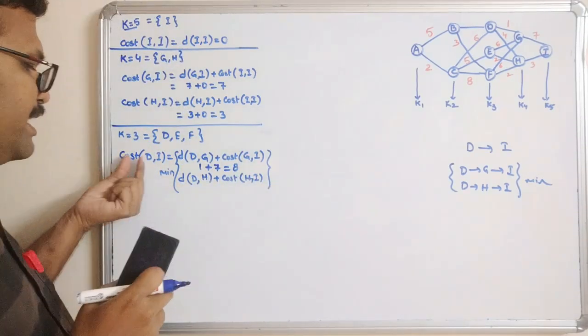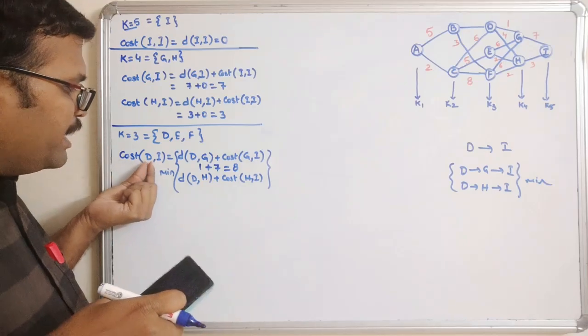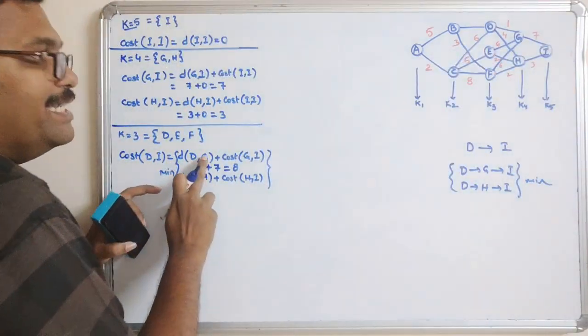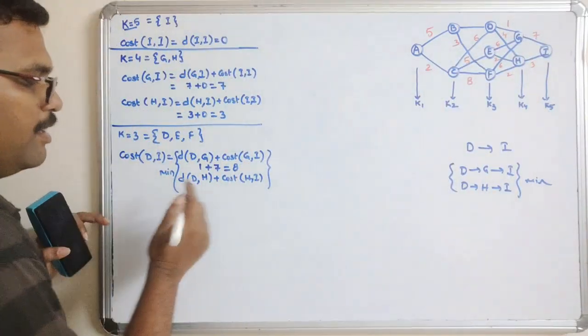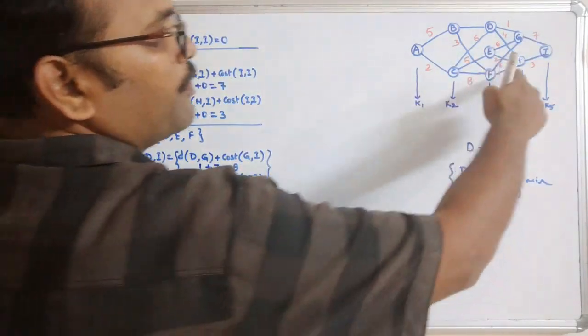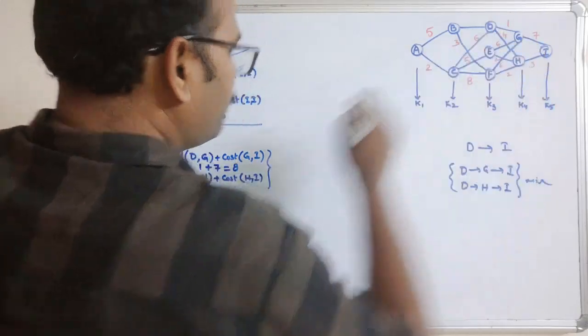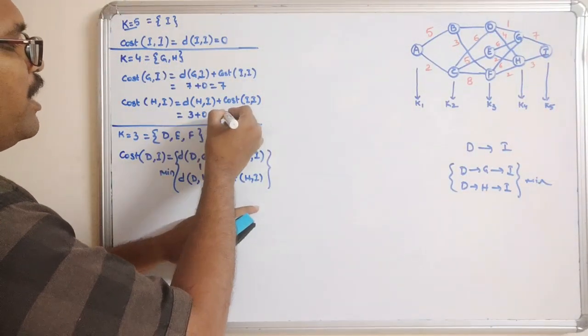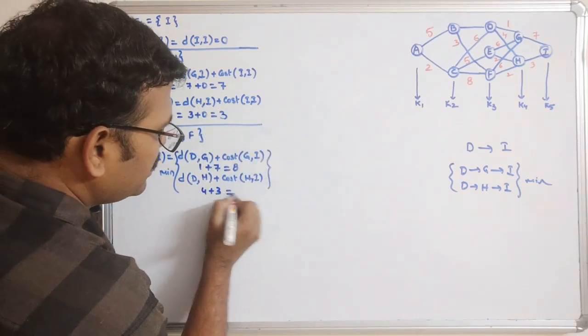So the cost from D to I via G is 1 plus 7, it is 8. And here D to H is 4 plus cost of HI, already computed, 3, which is 7.